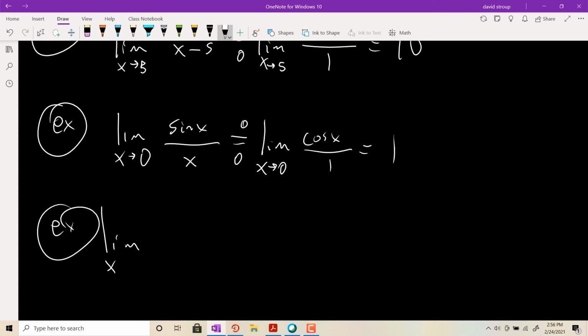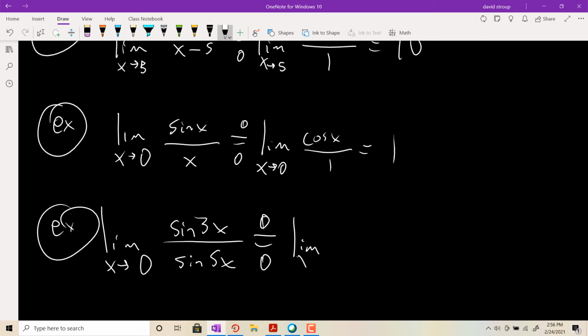Let's look at another trig one. The limit as x goes to 0 of sine of 3x all over sine of 5x. Plugging in 0, you get 0 over 0 form. So we could do L'Hopital's on it. The derivative of sine of 3x is cosine 3x times 3.